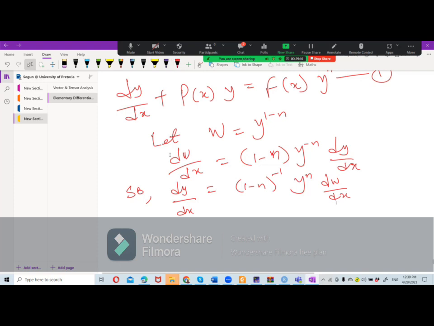Now, if I have this, then my equation 1 becomes. Sir, please, how do you get the power of minus 1? Remember it's going to be 1 all over 1 minus n, which is the same thing as 1 minus n raised to power minus 1. Do you agree? Yes, sir.